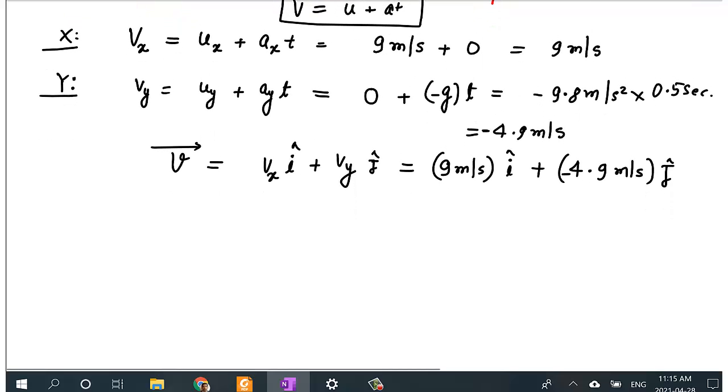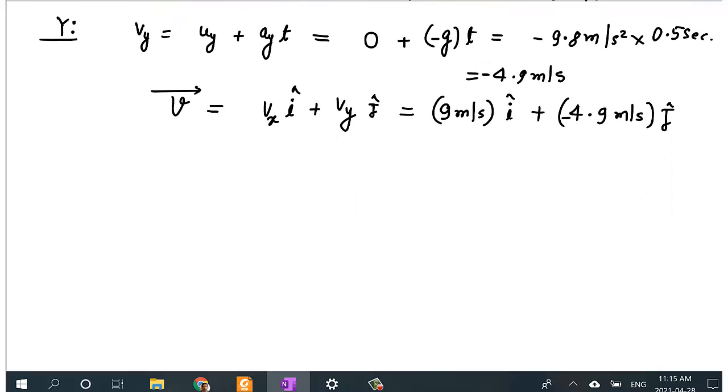We can show the same thing in a diagram. So this is the initial position of the motorbike, and at a certain point of time the motorbike is here. And this has two components of velocity, one along this direction, that is 9 meter per second, and another along this direction, that is 4.9 meter per second.